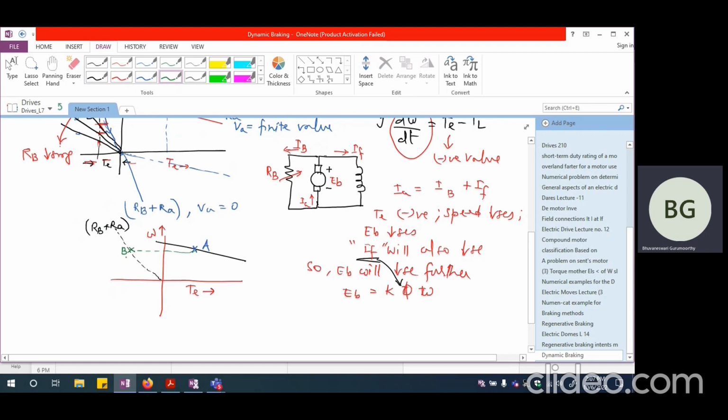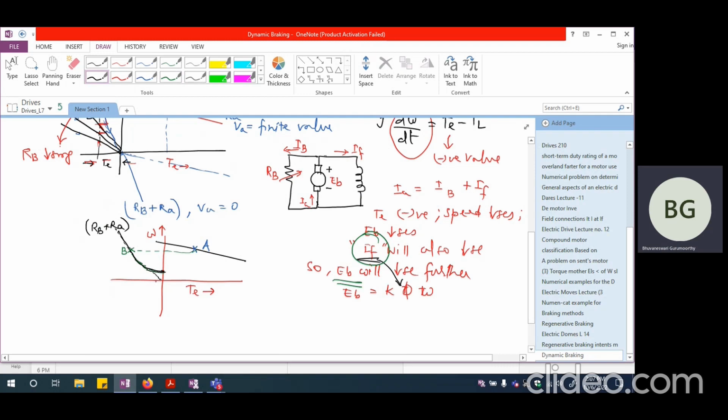So if it has moved here, slowly the speed will decrease, but beneath a particular speed, the back EMF becomes extremely small. The speed also becomes small, and IF will also become very small, so that it will not be able to develop a good amount of braking torque at all. So you would see that initially it is following these characteristics, and abruptly now it is going to hit zero speed by means of friction.